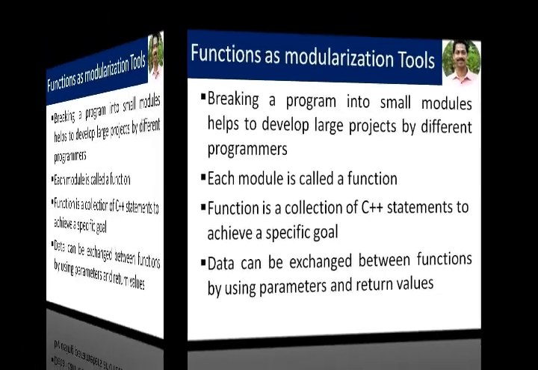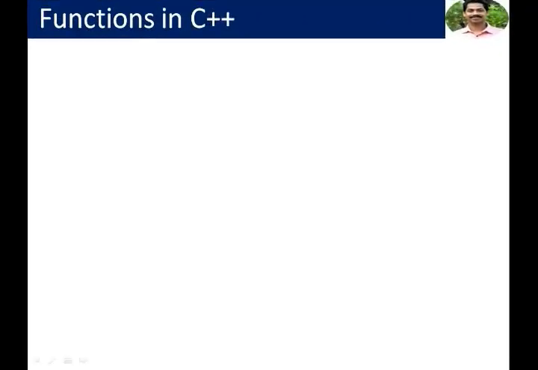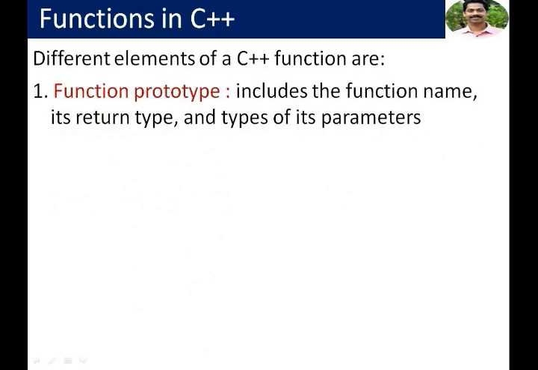Then, functions in C++. Different elements of a C++ function: first, the function prototype. That is the first property of a function. For every function, we have to define a function prototype, which includes the function name, its return type, and types of its parameters.